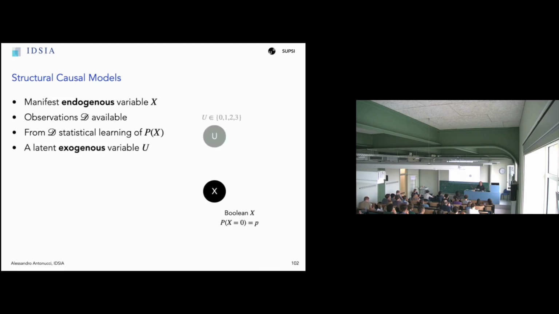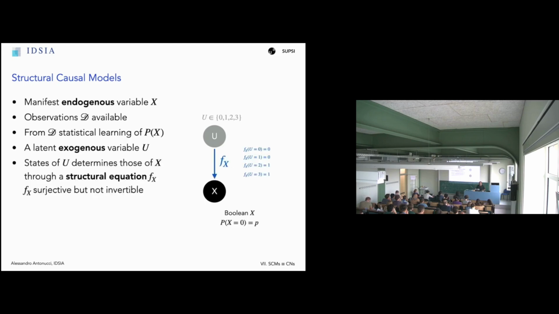No, just statistics. But let's say that into the game we also have an exogenous variable. And for me, exogenous means latent, a variable we cannot observe. Let's say this variable is u, and let's say that u is a ternary variable, for instance. And let's say that we have a strong connection between these two variables.